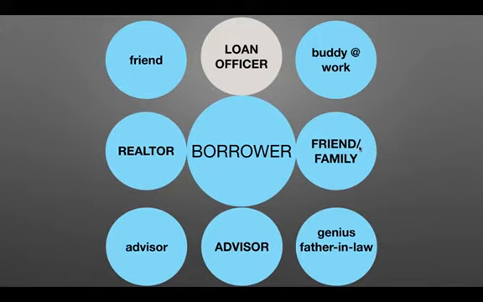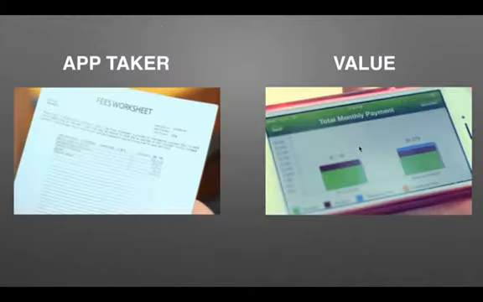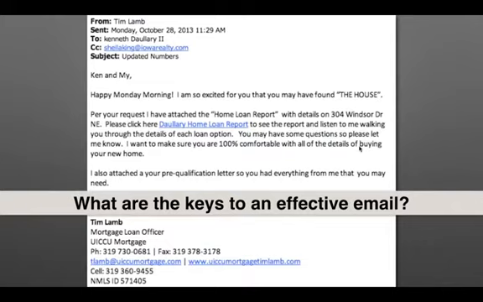And if you're not delivering a link, and if that link is not being clicked on because it's delivered in an email, you said the right things before you send it, you're relying on the borrower to educate everybody else. If you do it right, which we're going to help you do right now, everybody's in the loop, and they're in the loop with your link. So you could go from being app taker, transactional provider, to educational value provider.